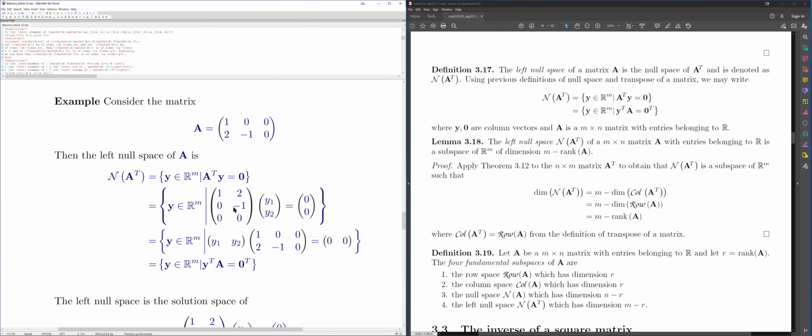So this is your A transpose, and I have a vector of variables, y1, y2 here, and this is equal to the 0 vector. Notice here this is a vector equation: a matrix times a vector, equal to a vector over here.